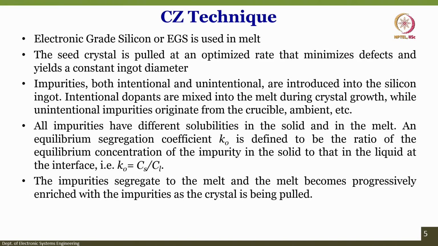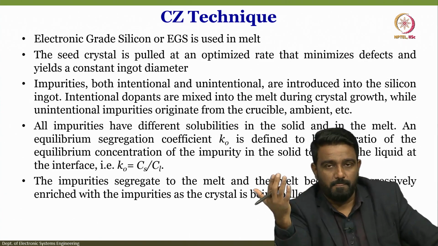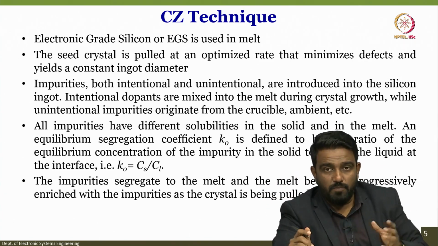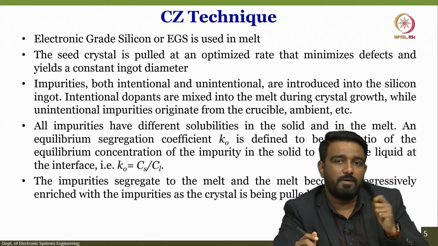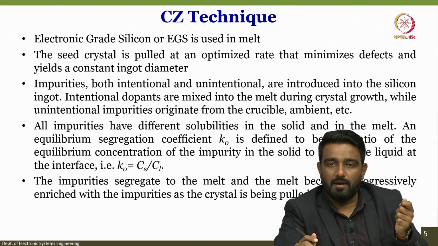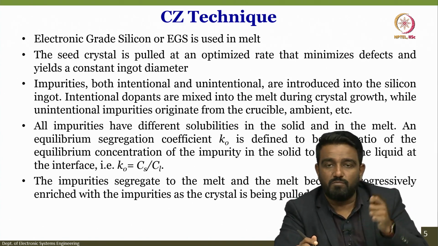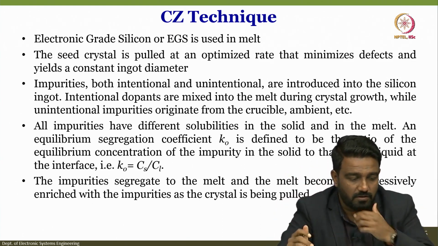Intentional dopants are mixed into the melt during the crystal growth, while the unintentional impurities originate either from the crucible or from the ambient. Depending on the impurity, it is an N type or a P type. Boron is a P type impurity and phosphorus is an N type impurity, because boron creates an extra hole, while in phosphorus there are extra electrons.